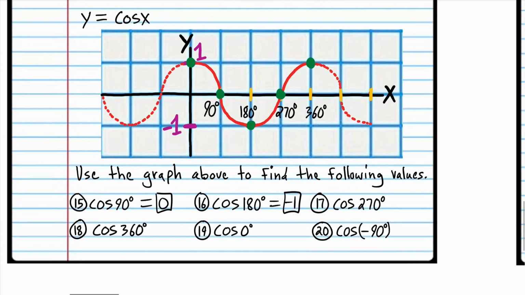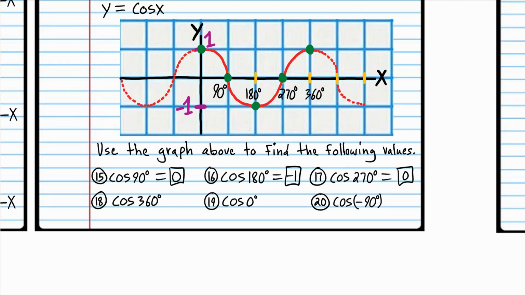Cosine 270, well, we just go out 270, which is 3 boxes, and ask what is the y value of the point on the curve. Well, it's 0, because the curve goes through the x-axis at that point. Cosine 360 degrees, you go to the right 360 degrees, and what is the y value of the corresponding point? 1.